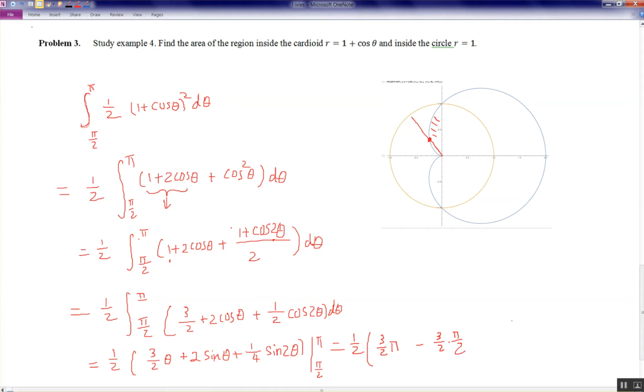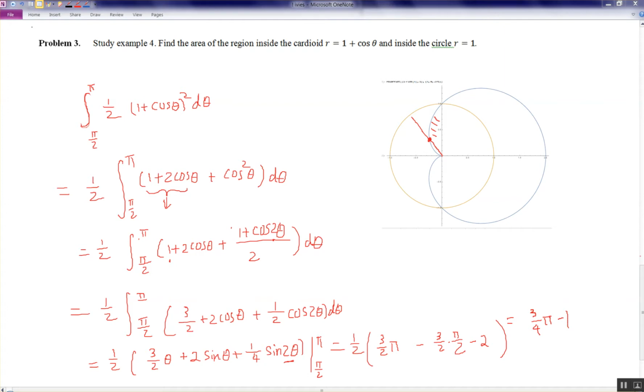The next one will be 2, so with the negative subtraction, it's minus 2. We plug in pi over 2 in the last piece. It becomes sine pi, which is 0. So therefore, this is it. And let's simplify. After simplification, it becomes 3 pi over 4 minus 1. So this is just that piece.